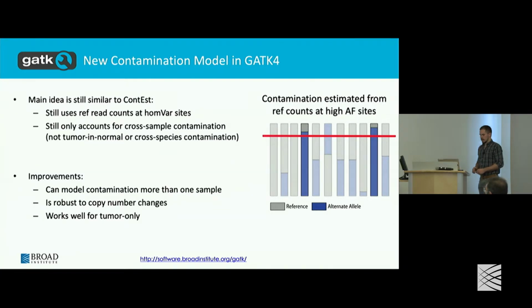We have a new tool in GATK4 that does it, that's similar to the previous tool called ContEst. The idea is basically it looks at the homozygous sites and tries to estimate the contamination level based on that.